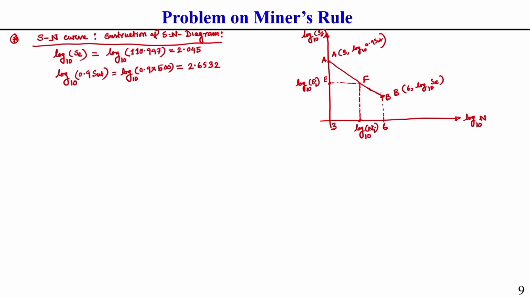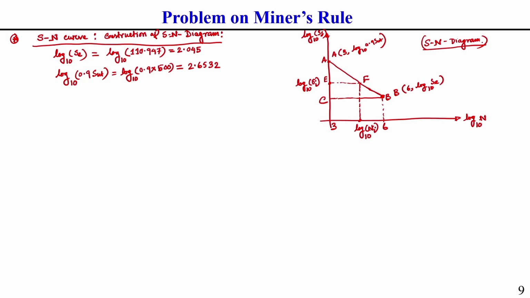Now, I draw another line parallel to the abscissa through point B, which cuts this ordinate at point C. This is the SN diagram. How is the SN diagram plotted?